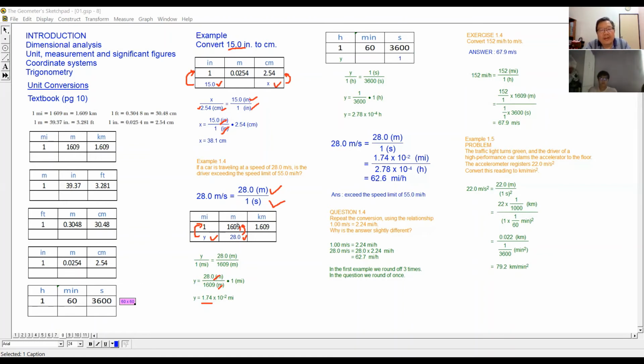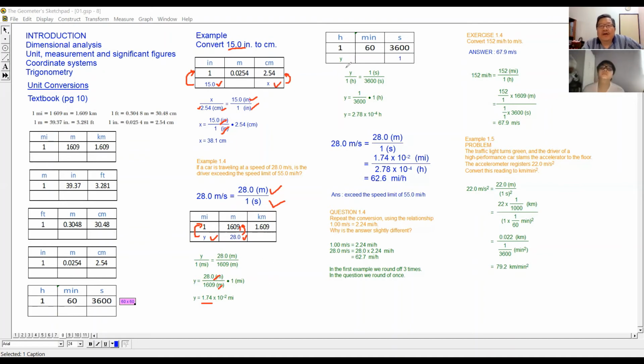Although the meter has 4 significant figures, we use the one with the least significant figures among all these numbers. So it is 1.74. That finishes the conversion of meter to mile.